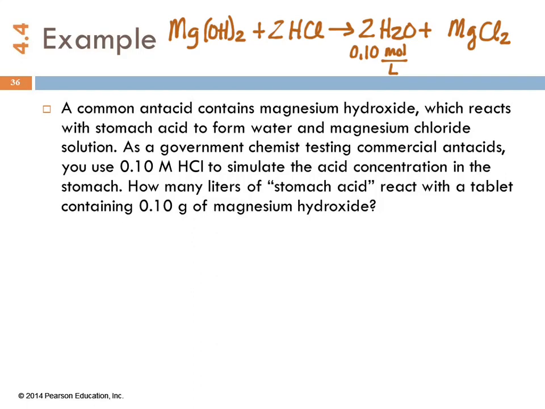How many liters of stomach acid? So the question is, how many liters of that to react with a tablet containing 0.1 grams of magnesium hydroxide? 0.10 grams of that.